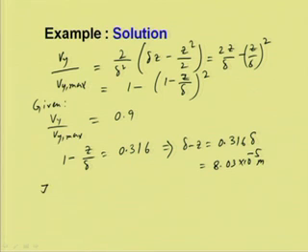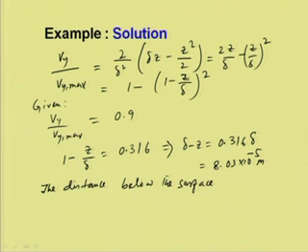So, the distance below the surface is equal to 8.03 into 10 to the power minus 5 meter.